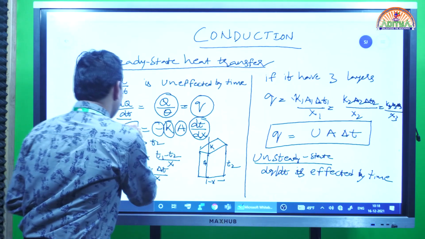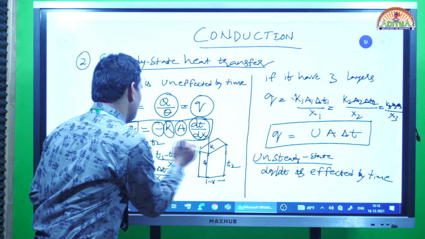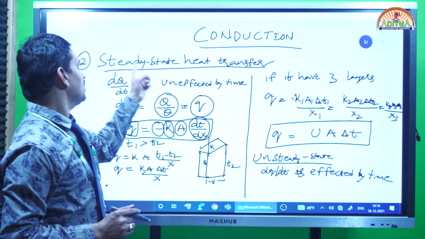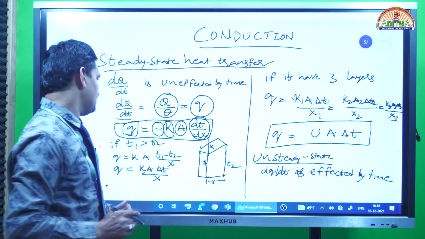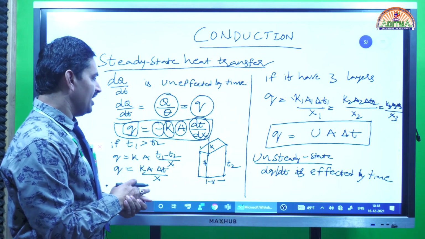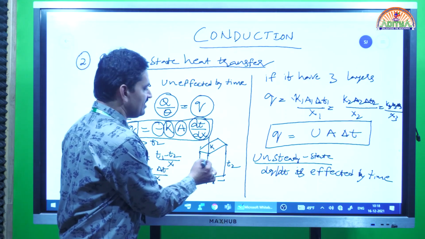So finally this is the equation using which we are going to write the rate of heat transfer through the steady state heat transfer process. Here let us discuss heat transfer through a slab.